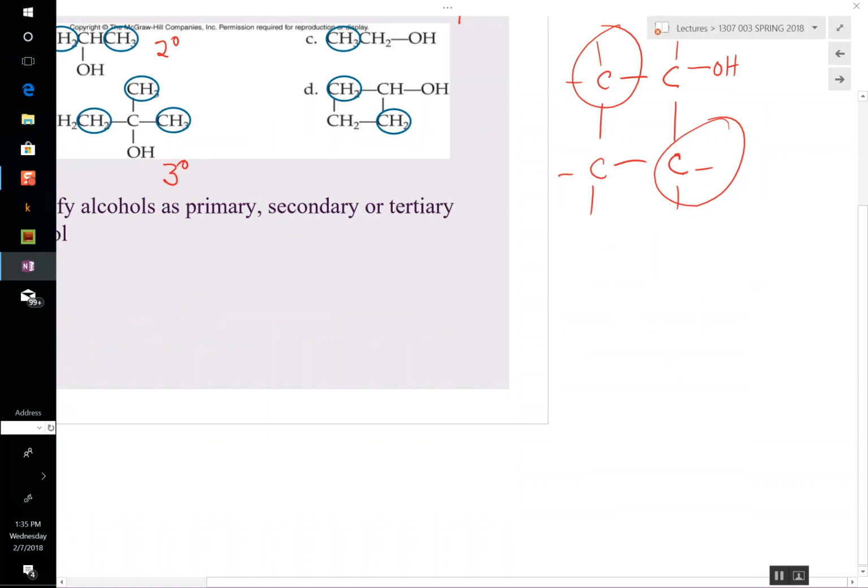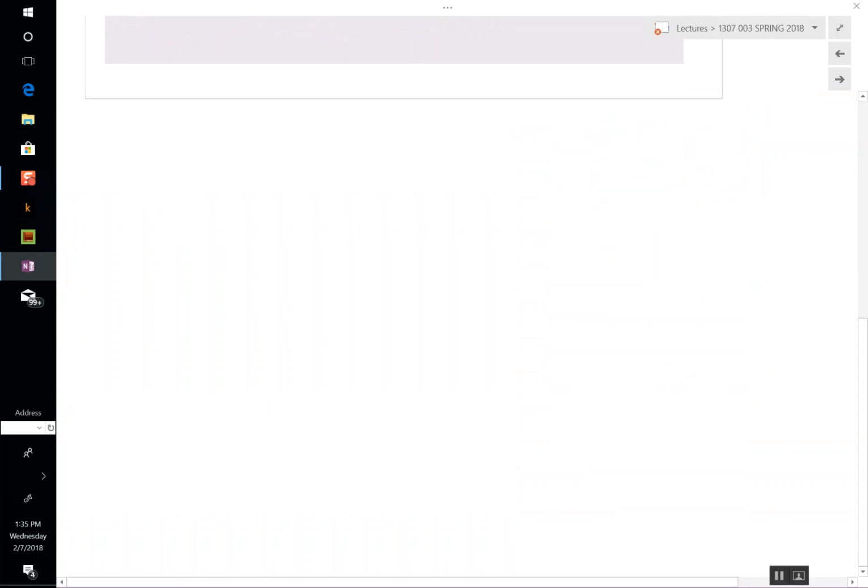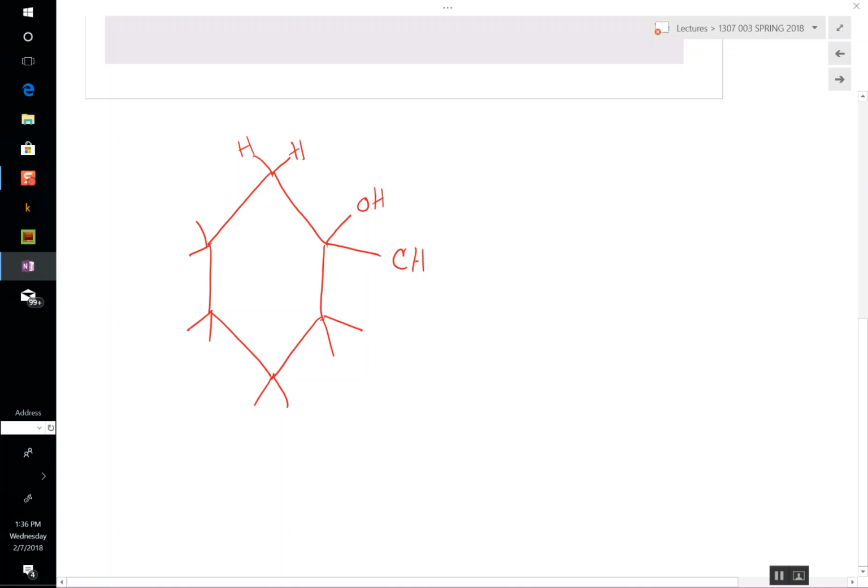Okay, let me give you a tricky one. There's going to be 2 hydrogens on each one of these. What classification is that?